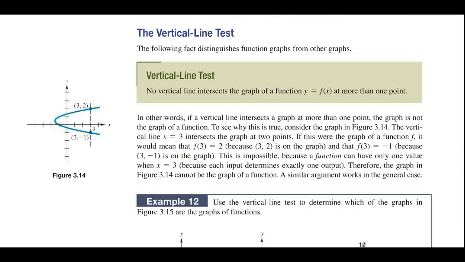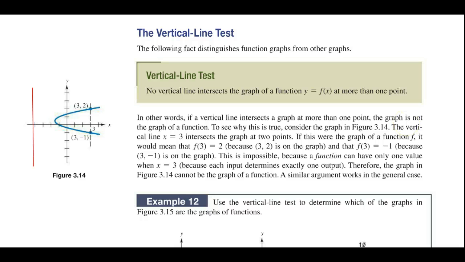Now, for our last topic, they're giving us something easy. And this is called the vertical line test. It's a way to find quickly whether or not something is a function or not.